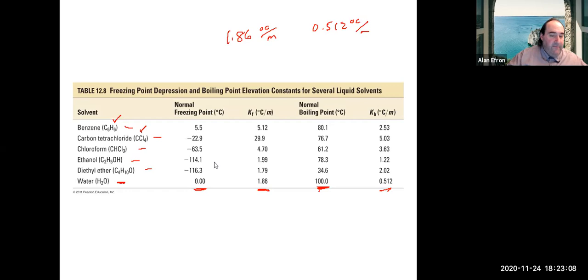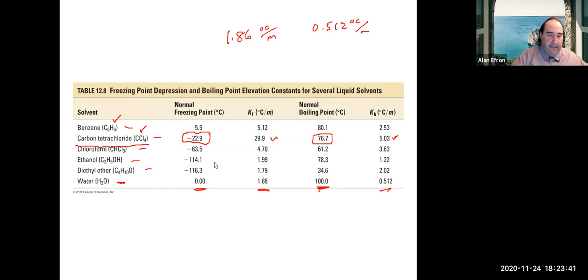But as I mentioned before, if you were dealing with carbon tetrachloride, it would have, as you can see here, different Kb and Kf values. And just as importantly, you can see carbon tetrachloride's freezing point is minus 22.9 degrees, and its boiling point is 76.7. So if you're not using water, make sure that you are using the correct boiling point or freezing point, depending on the problem that you are doing.